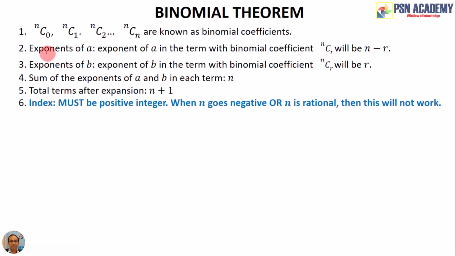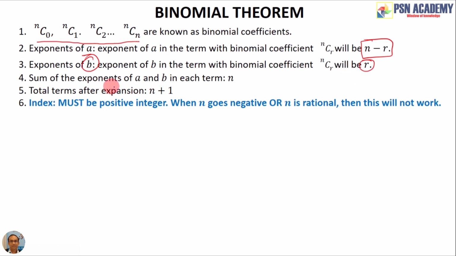So finally we summarize what we got. These are the binomial coefficients, and we follow the exponent of a. It follows like this, n minus r in case of nCr, and we follow b, then we get that value as r only.